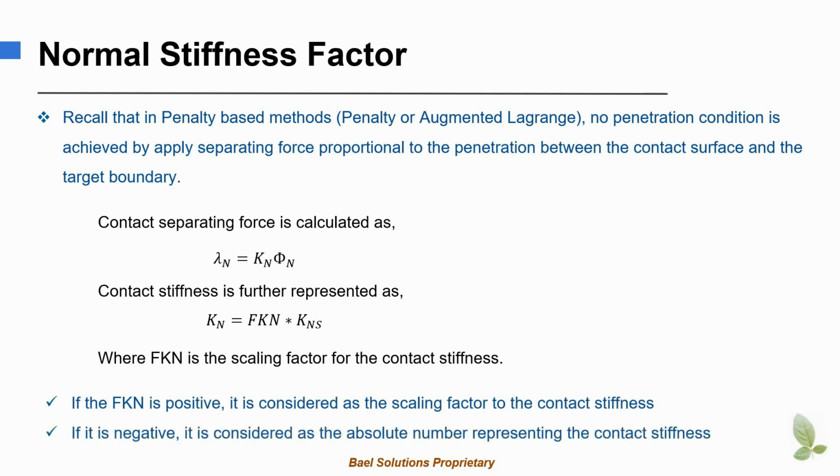If Fkn is set to negative, it is considered as the contact stiffness and not the scaling factor. By reducing Fkn, contact stiffness is reduced, and by increasing Fkn, the contact stiffness is increased.